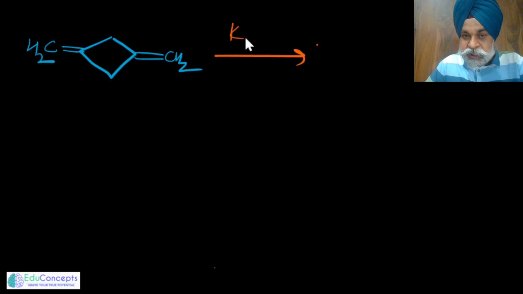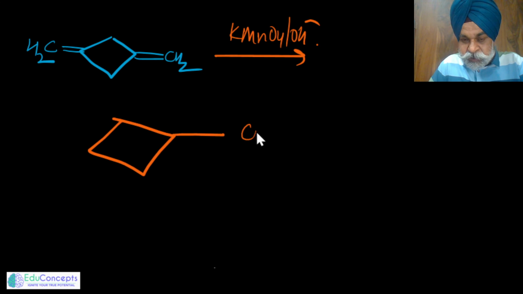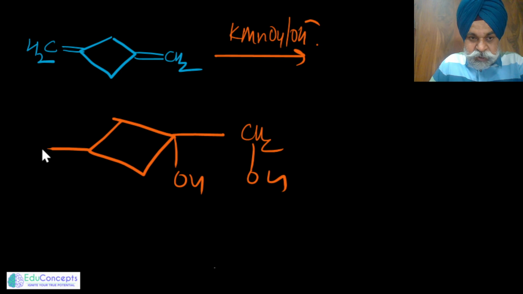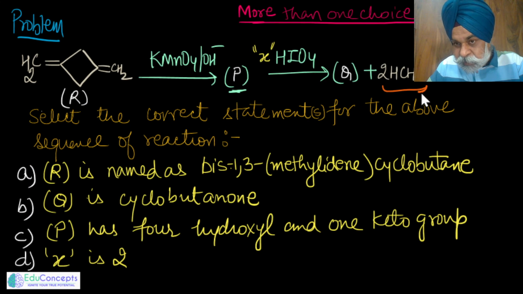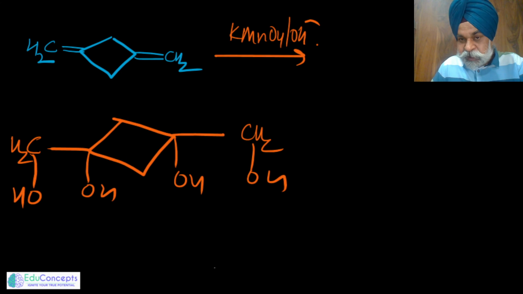So with alkaline KMnO4, you have to add across the double bonds. So what product do I get here? I would get OH here and 1 OH here, and also here, because I am adding across the two double bonds, since in the answer they have given 2 moles of formaldehyde being formed from HIO4. So I have to create 2 moles of formaldehyde.